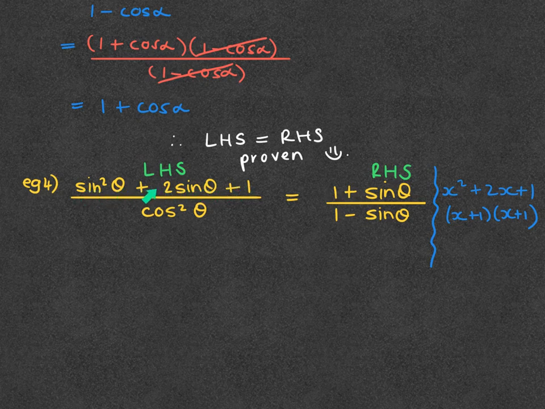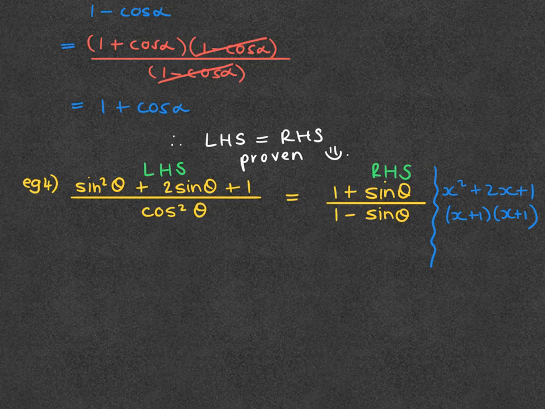You're just factorizing in terms of sine, not in terms of x. So the way I factorize this very easy trinomial over here is exactly the same as the way I'm going to factorize this trinomial. If you want to use the variable x or another letter instead, then simply replace it with sine theta. That would be perfect.